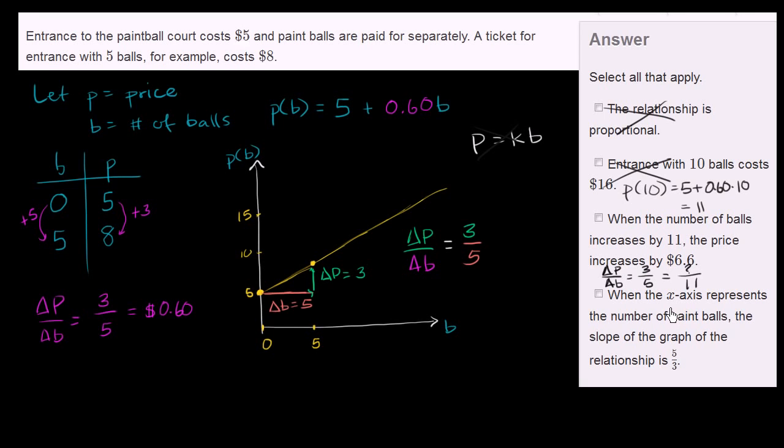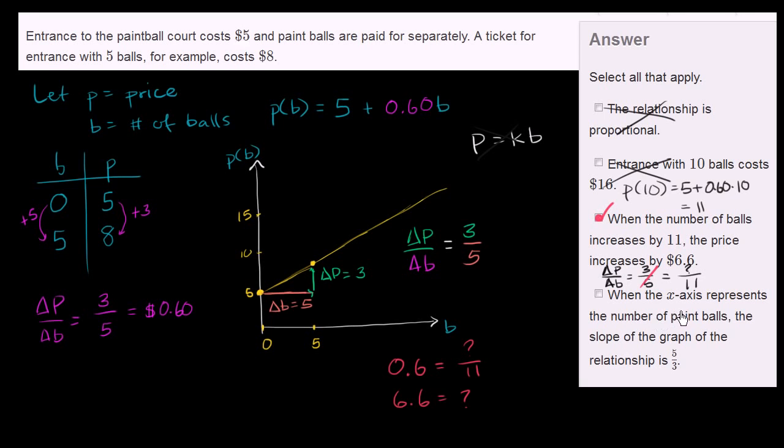Well, 3/5 is the same thing as 0.6. So 0.6 is equal to the price change over 11, which I'll just write as a question mark over 11. You multiply both sides by 11, you get 6.6 is equal to question mark. So this is absolutely true. The price increases by $6.60 when the number of balls increases by 11. So this one right over here is absolutely true.